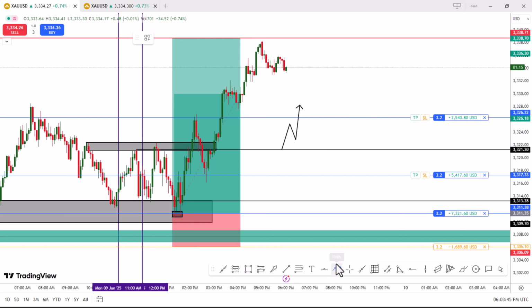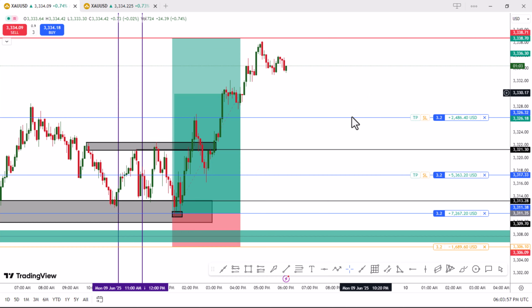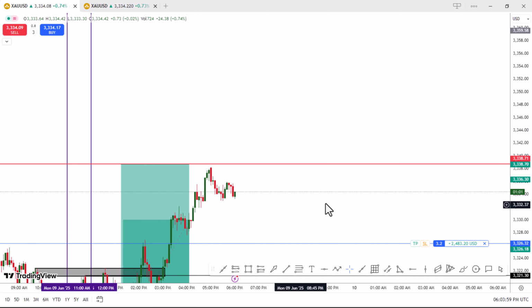And the same thing works out when it's a sell trend. You do that same thing, you wait for a BOS, and you execute your trade. Now I know this is quite messy, but just understand what I'm saying. So this is how it works. If you are having that level, let me use this to just draw it.